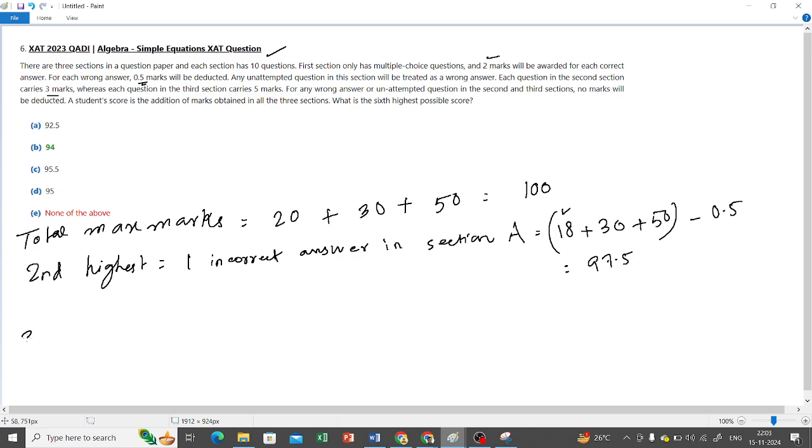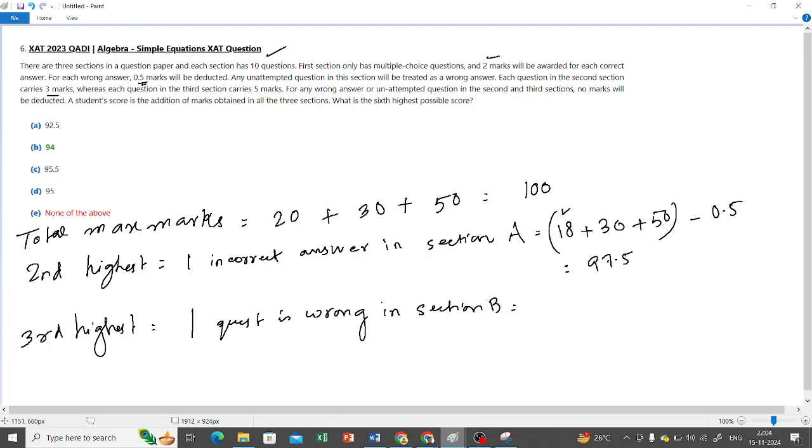Now what can be the third highest? Third highest can be that one question is wrong in section B. So let us see whether we get just a smaller highest than 97.5 or not.